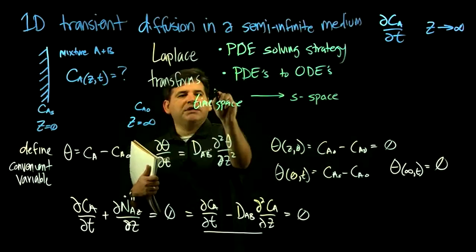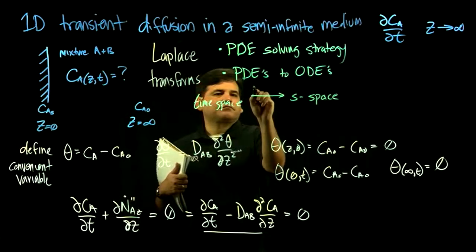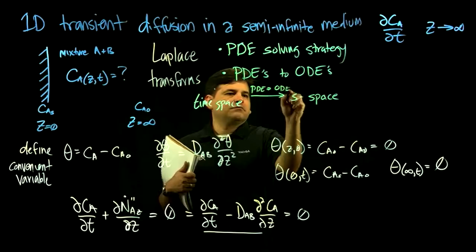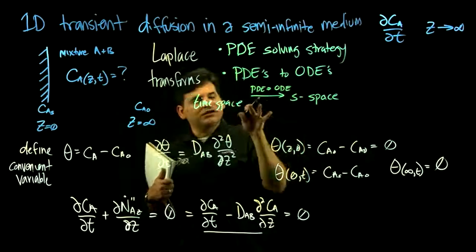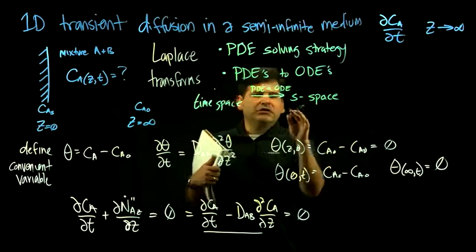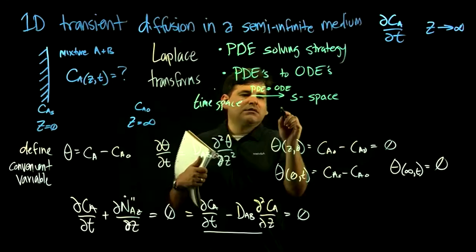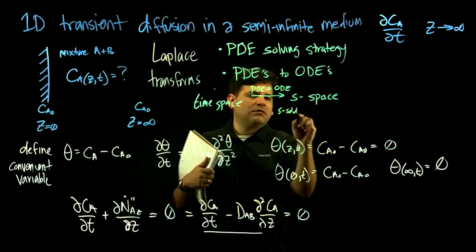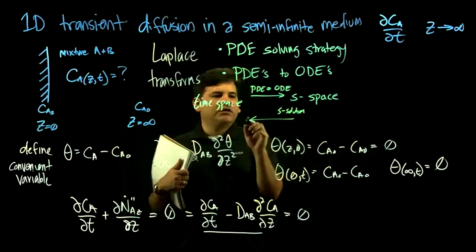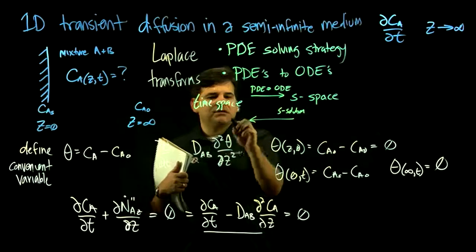So this would be the PDE, and then once you have this ODE, you solve the ODE to get a solution. And then once you have the S solution, you can go back to time space.